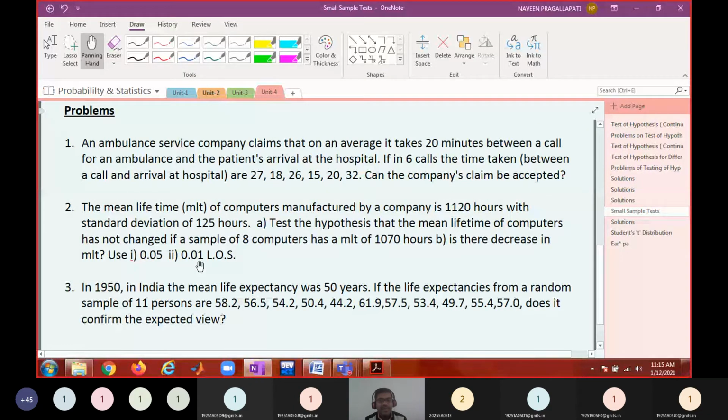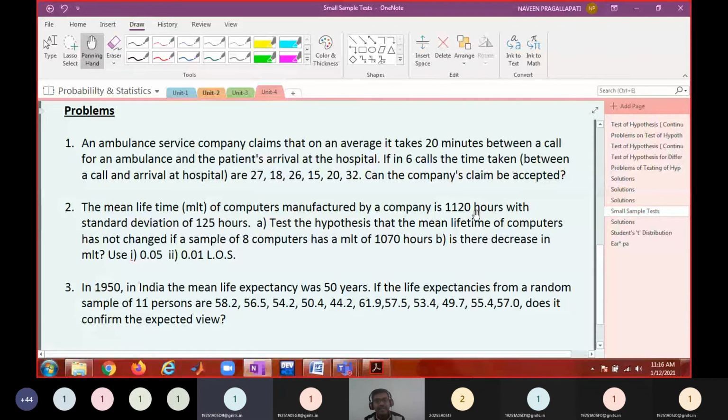So can you interpret the data? What does this 1120 refer to? If a sample of 8 computers has a mean lifetime of 1070, then X bar is the sample mean. So X bar is 1070.